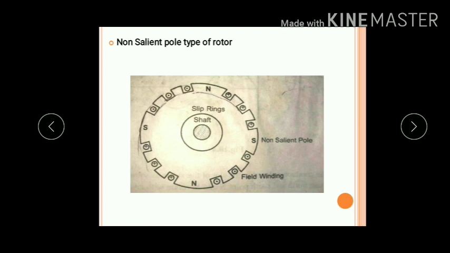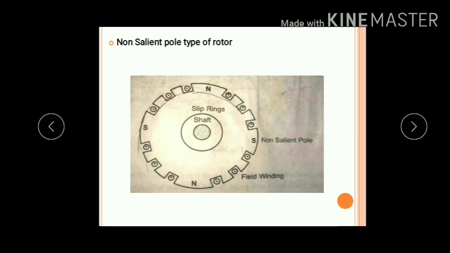Again, the field windings which are placed in these slots are excited by a DC voltage source to generate a constant magnetic field. As simple as it is.